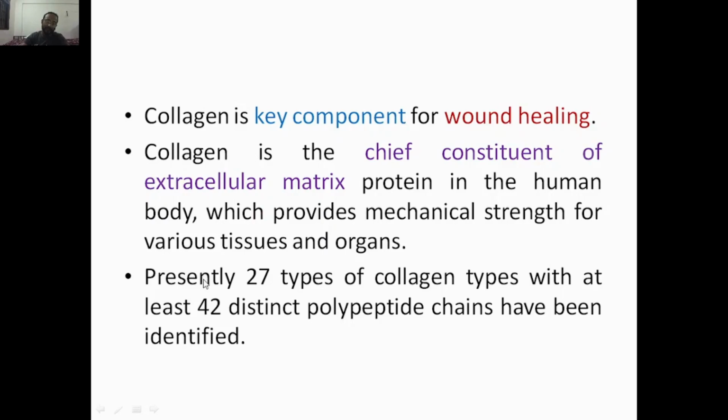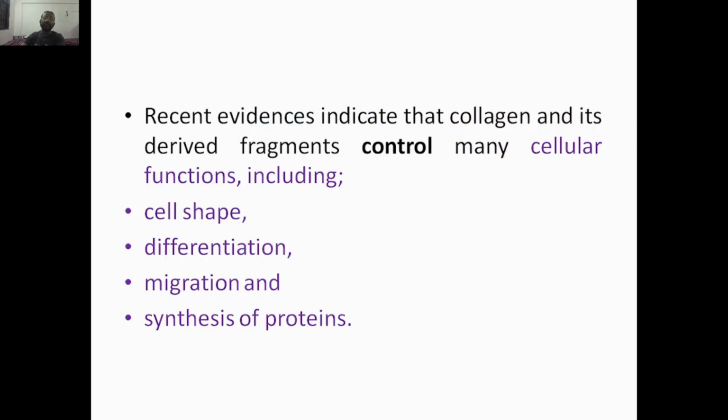Presently 27 types of collagen are there, with at least 42 distinct polypeptide chains identified so far, and research and development is still going on, and we can still get more collagen types and distinct polypeptide chains. Recent evidence indicates that collagen and its derivative fragments control many cellular functions.